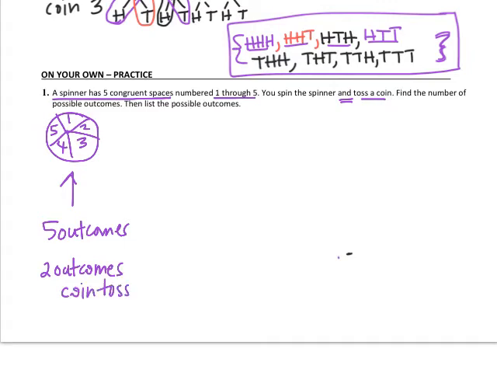So you need to come up with how many possible outcomes are going to take place, and then also list the possible outcomes. So I need you to list in a sample space, like in those brackets there, all the different options that could happen. So think of yourself spinning a spinner and then tossing a coin. What could possibly happen? Please list those on your page.